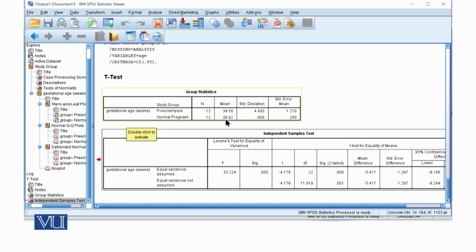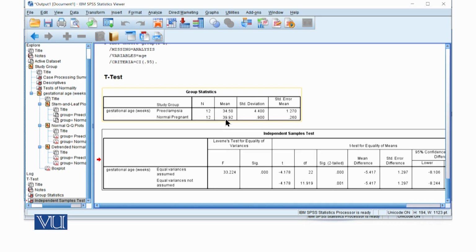Since we've already concluded from the two-group independent sample t-test, equal variances not assumed, that the two means are not equal, we can clearly see that the mean gestational age in weeks for the normal pregnant women is higher than the mean gestational age in weeks for pre-eclampsia women.